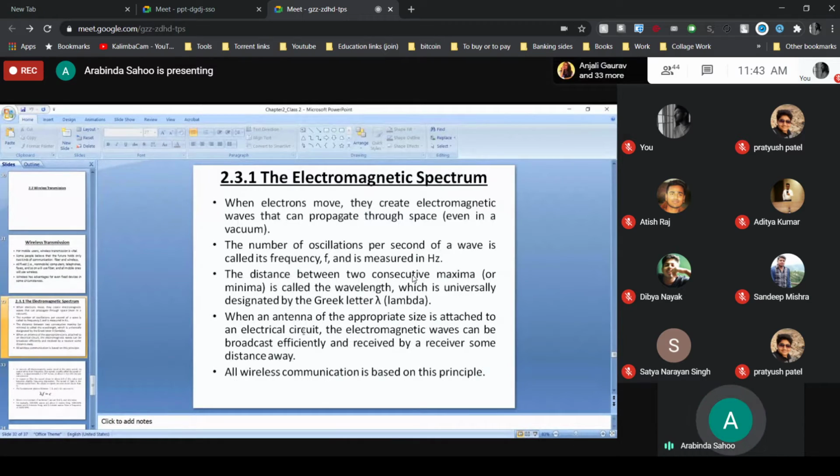So what is the basic principle? Note down the fourth point.